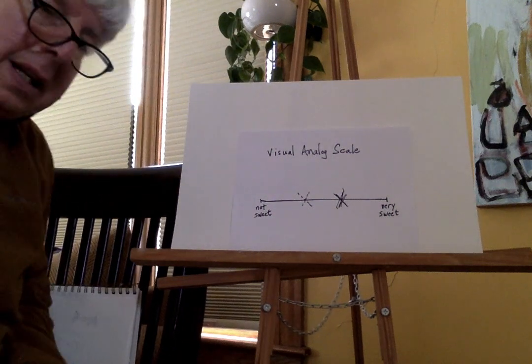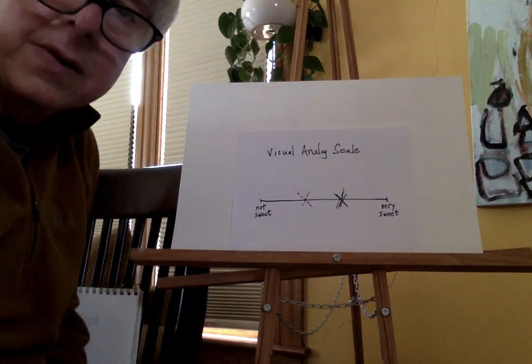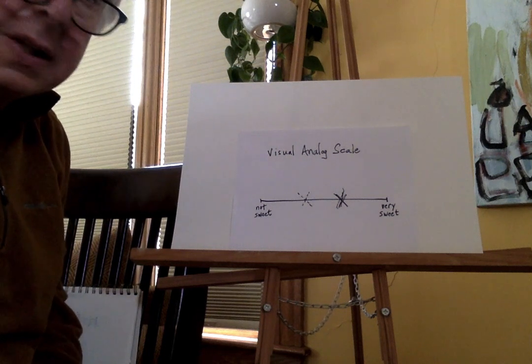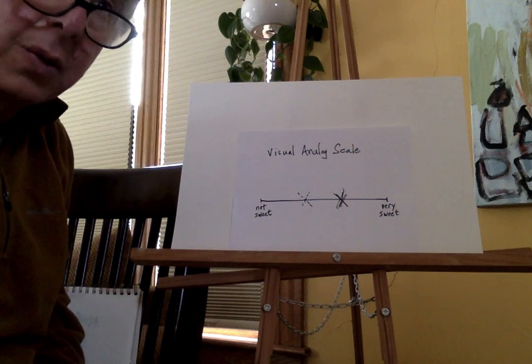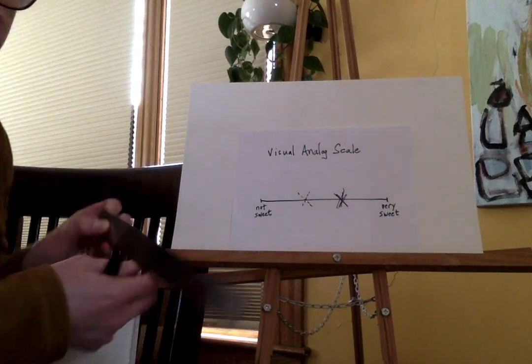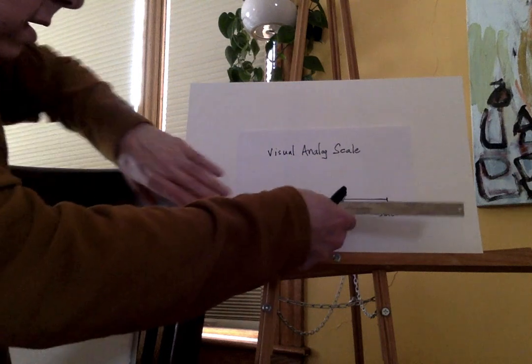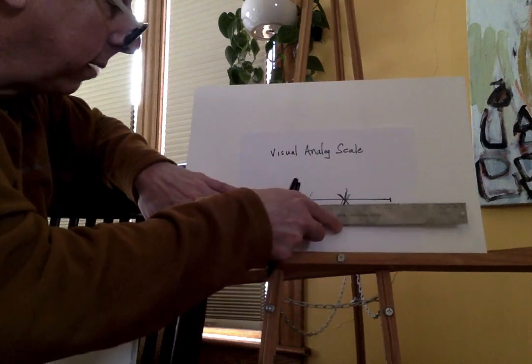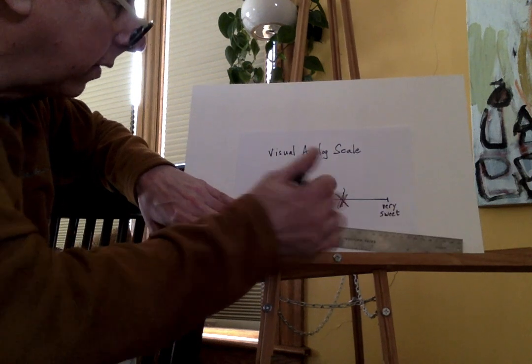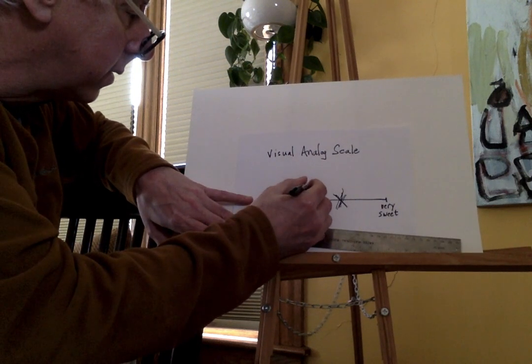Well, I still need to quantify this variable. Until I quantify it, I can't see if there's a difference, or I can't tell what kinds of influences different variables have. So I'm just going to take a ruler here, and I'm going to measure in millimeters how far along this is. So this is about 70 millimeters.